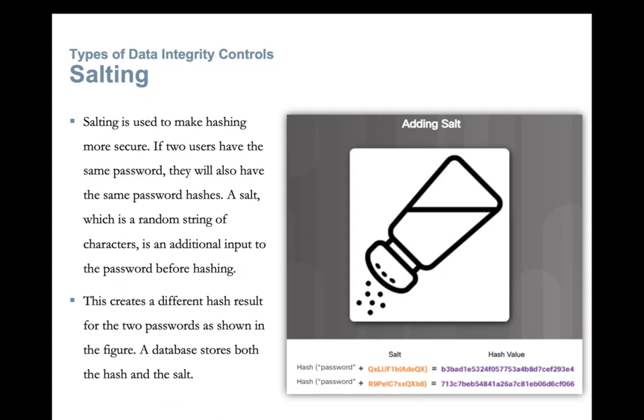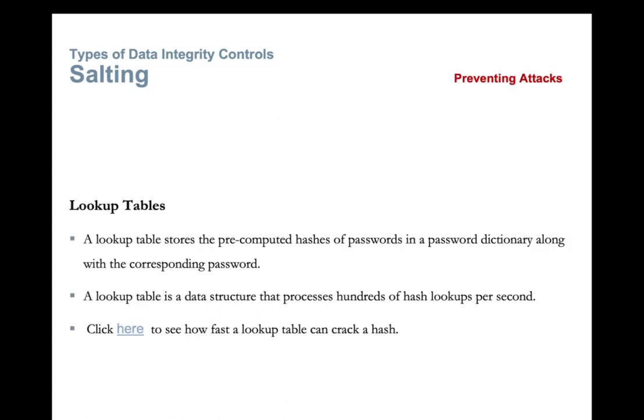So how is salting used to prevent attacks? Salting prevents an attacker from using a dictionary attack to try to guess passwords. Salting also makes it impossible to use lookup tables and rainbow tables to crack a hash. So we'll see what lookup tables and rainbow tables are.